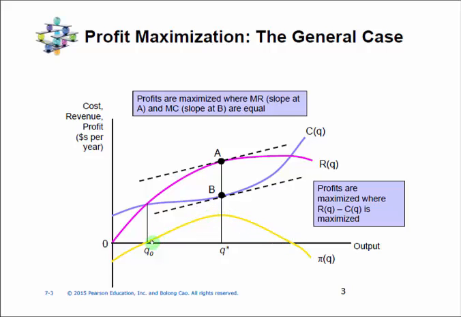What do we know? We know that before Q star, this profit line is upward sloping. So the so-called marginal profit, the profit you make for each additional unit you are selling, is positive. One more unit sold brings in more profit, until the marginal profit becomes zero. Here at the top, the marginal profit is zero. The marginal profit becomes lower and lower.